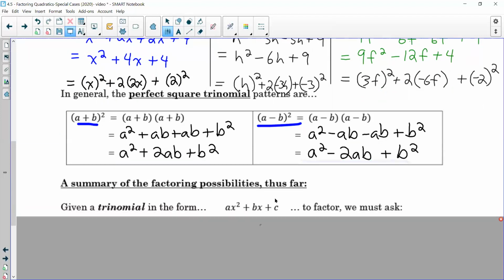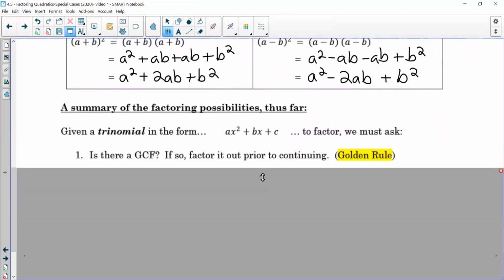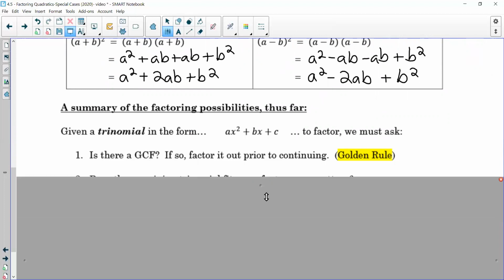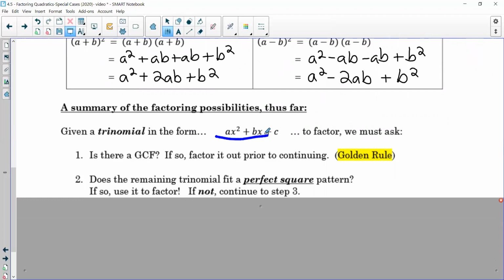So as a summary of what you've seen so far, if you're given a trinomial, the very first rule we always talk about is greatest common factor. That's your golden rule. And then the next thing you should be thinking of at this point is, does it fit a perfect square pattern? So does this fit the pattern that we've been talking about here or up here?